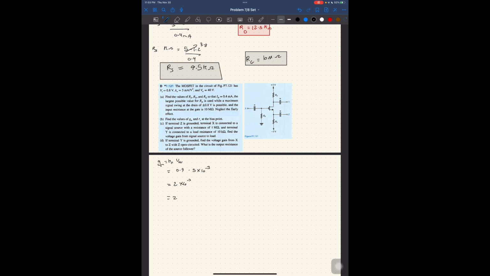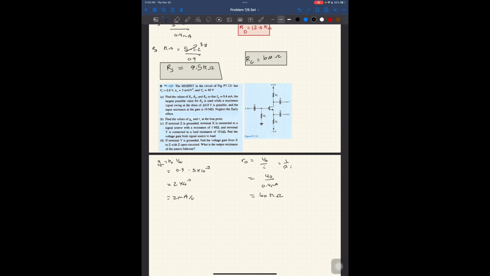Right, so it's just 2 milliamps per volt. And ro is nothing but VA over I, or 1 over lambda I, we've been through this, which is nothing but 40 over I, and I is 0.4 milliamps, so it's nothing but 100 kiloohms is ro.